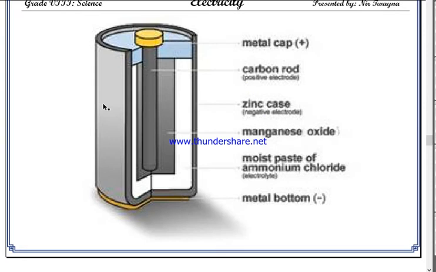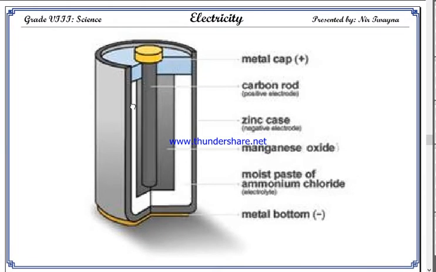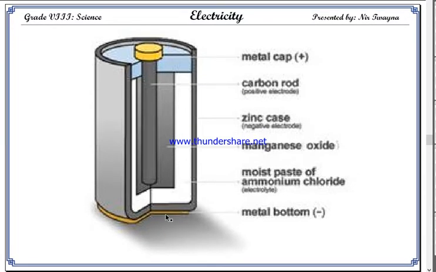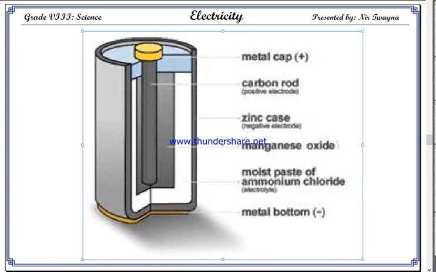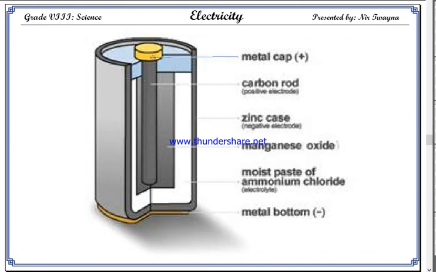Let's see the diagram first before you see the note. Okay, a metal, okay, zinc case is taken. You can see metal cap, carbon rod, also called graphite, zinc case, okay, manganese dioxide, moist paste of ammonium chloride, and metal bottom.